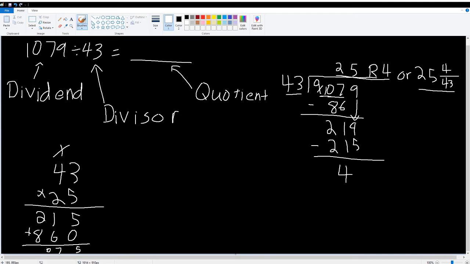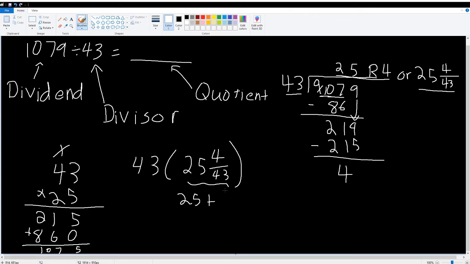And we get 1075, right? But then we need to multiply, right? So what we're technically doing is 43 times 25 and 4 over 43, right? So this is technically what? 25 plus 4 over 43, right?